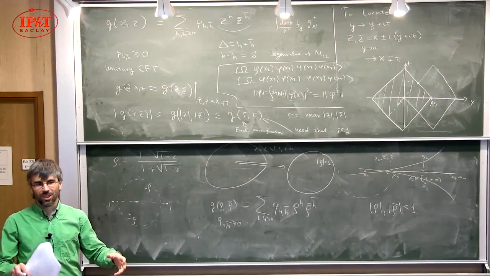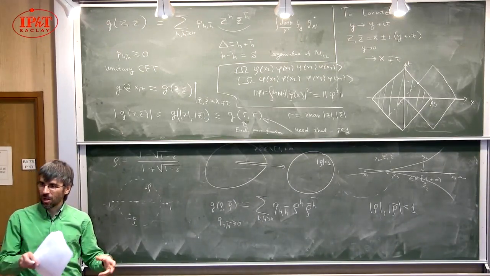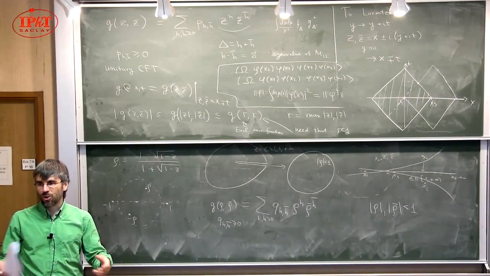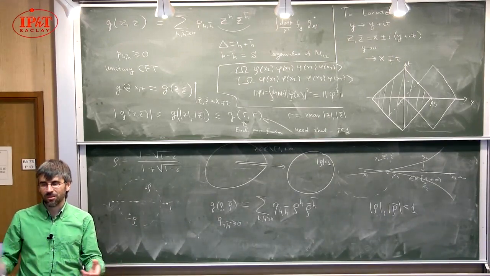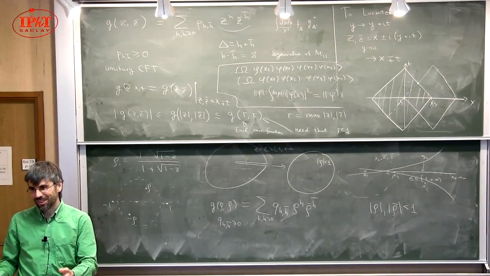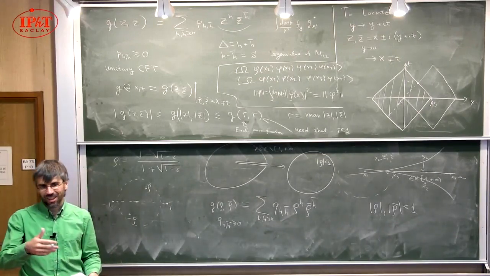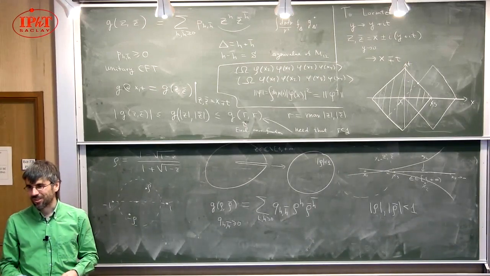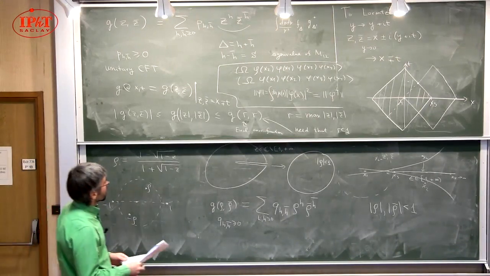Instead of taking them all different, let me first of all consider the operators when they're pairwise equal, like phi 1, phi 1, phi 2, phi 2. Then I apply the Cauchy-Schwarz inequality, which says that phi 1, phi 1, phi 2, phi 2 is bounded by phi 1, phi 1, phi 1, phi 1 times phi 2, phi 2, phi 2, phi 2. But that case I already considered. So this way I consider this other case. But then, as you can imagine, doing the same trick once again, I'm showing also the totally general case.